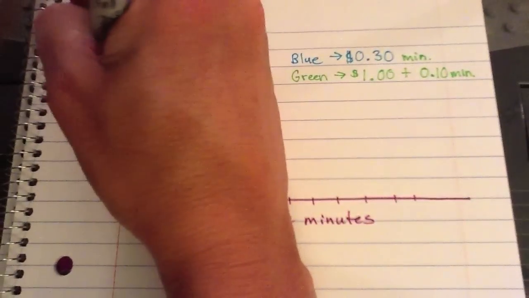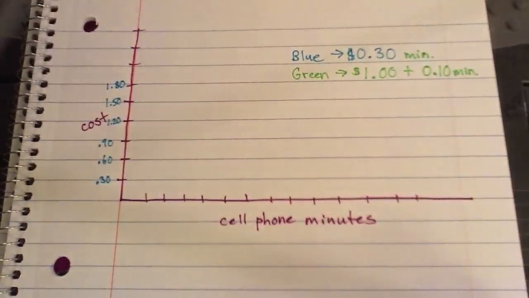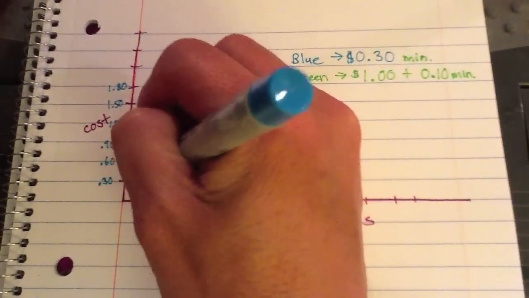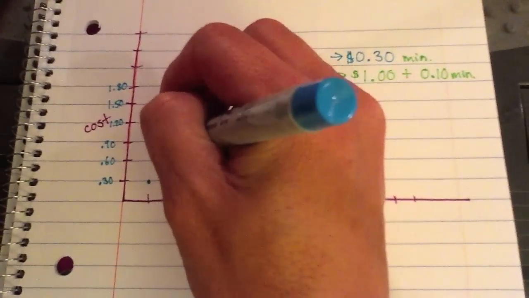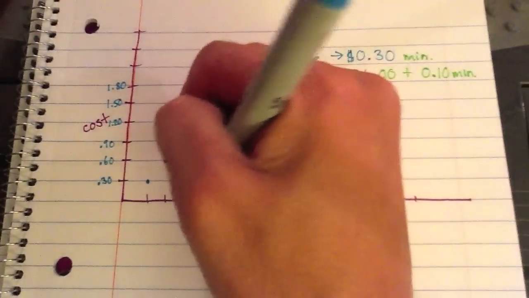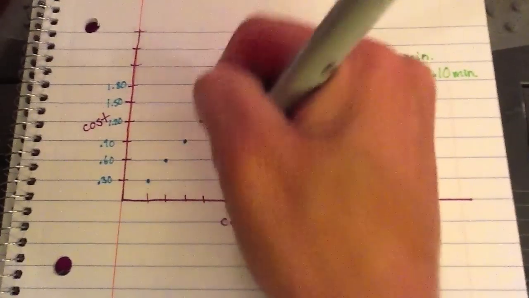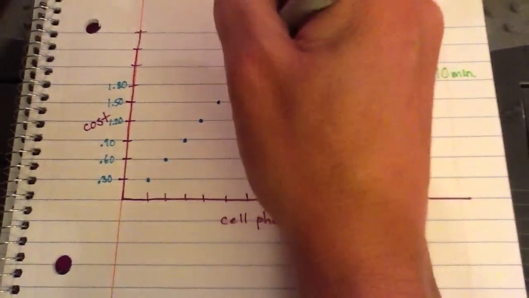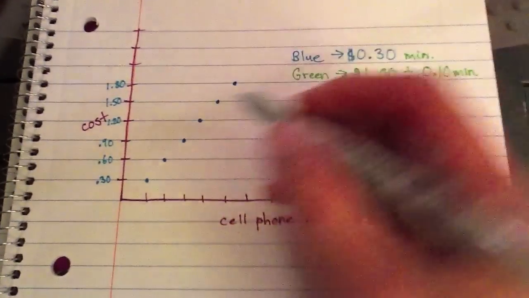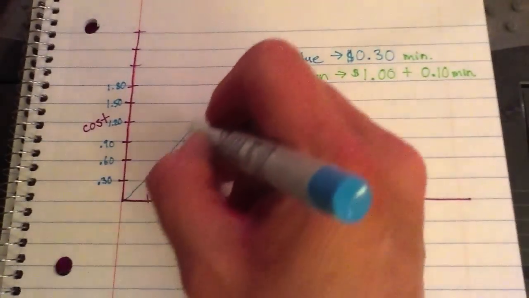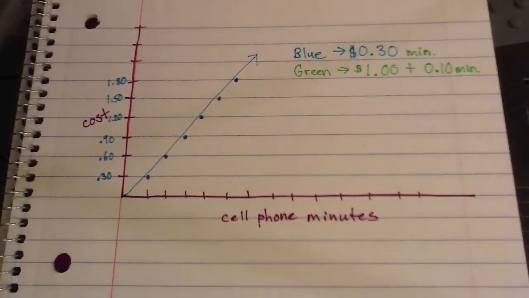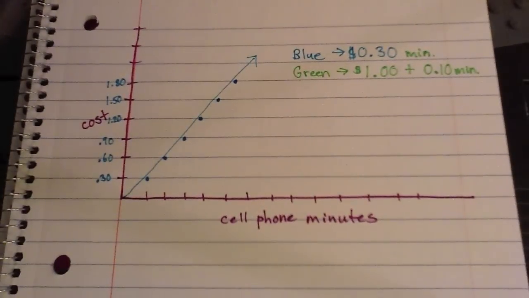Actually, we can go to $1.80 because that'll be better to see. Okay, so at 1 minute I pay 30 cents. At 2 minutes I pay 60. At 3 I pay 90. At 4 I pay 120. At 5 150. And at 6 180. So this would be approximately what you pay if you were to use this plan.